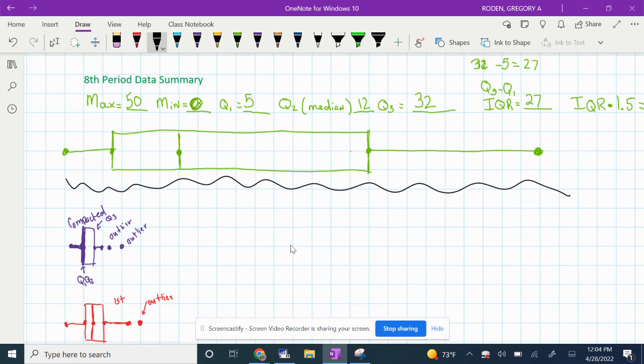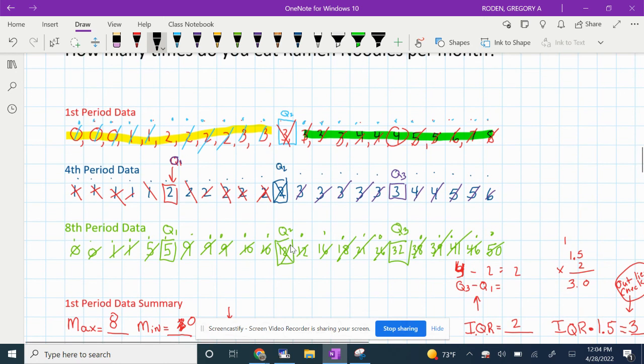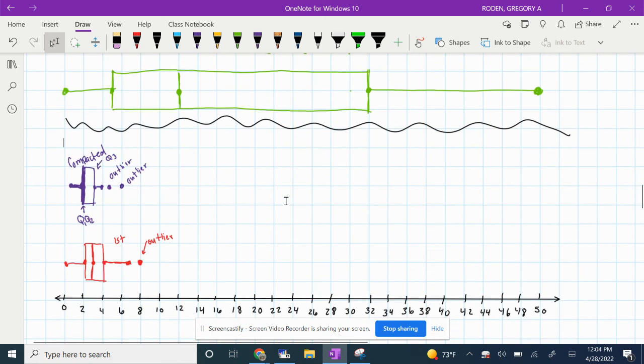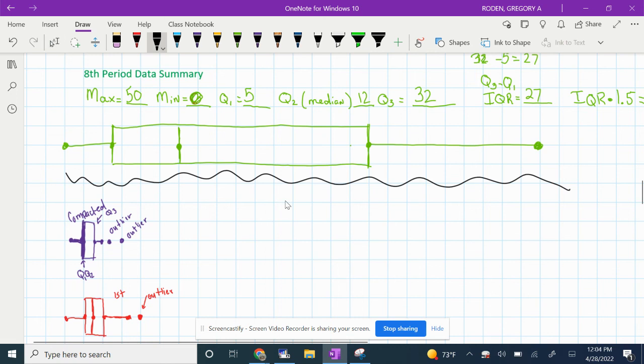If you look up here at my data, those 3 classes are exactly the same size. I think I asked 23 kids in each one of those classes. So it's not that there's more data in those classes. What it means is the answers were much more spread out in my 8th period.